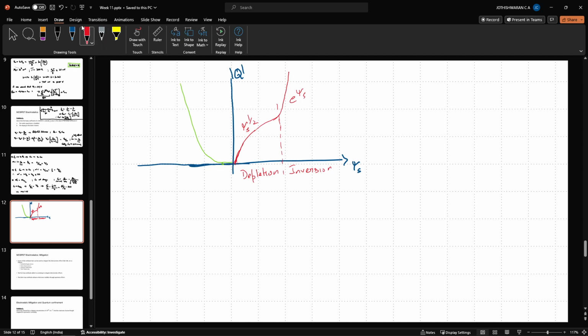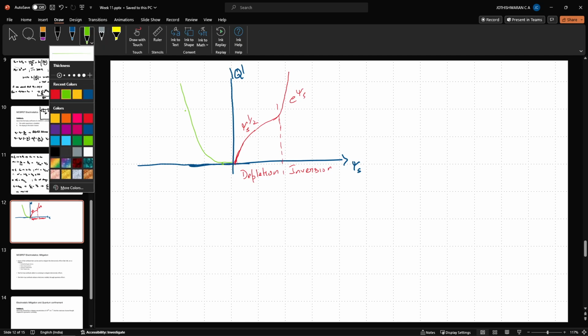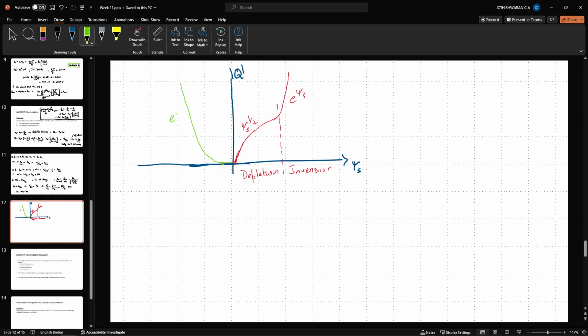So here it is again proportional to e to the power, constant times psi. It's not just exponential of psi. So this is the accumulation regime.